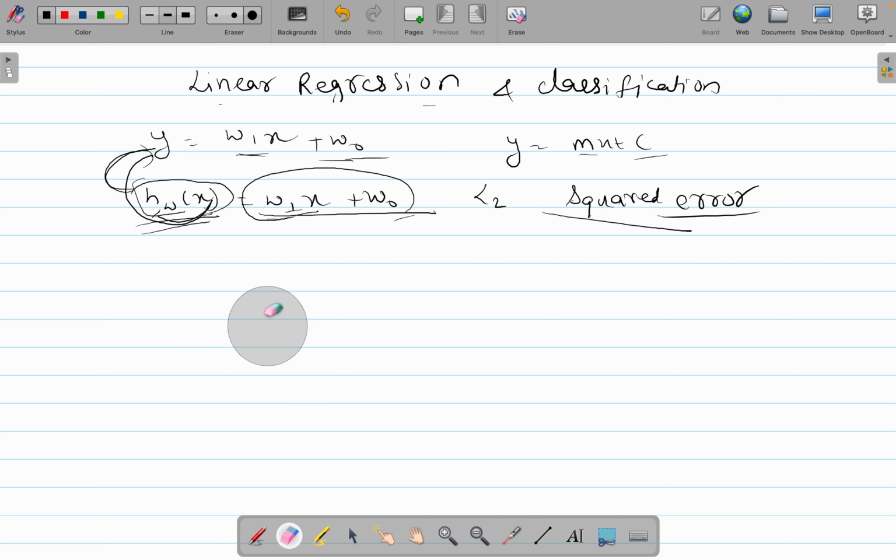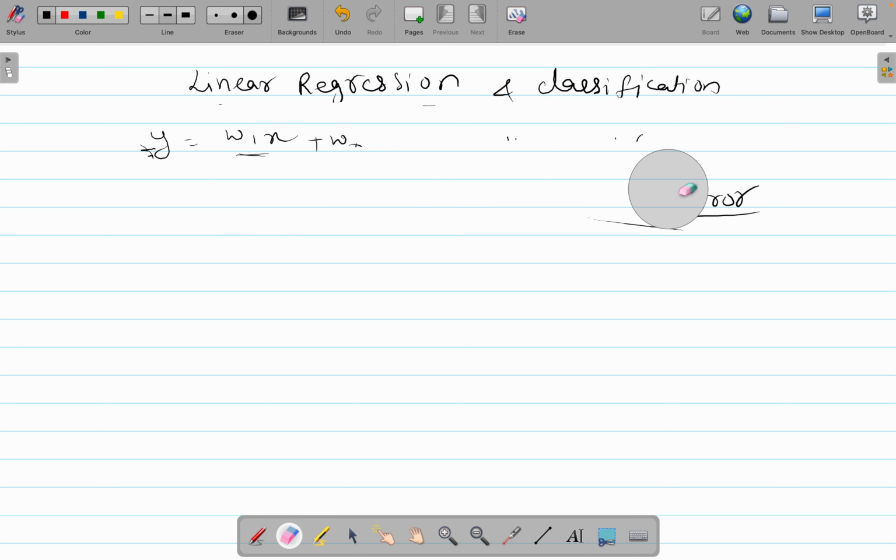So how can we do that? Let's write h_w of x equals w1x plus w0. Okay, so I have this.